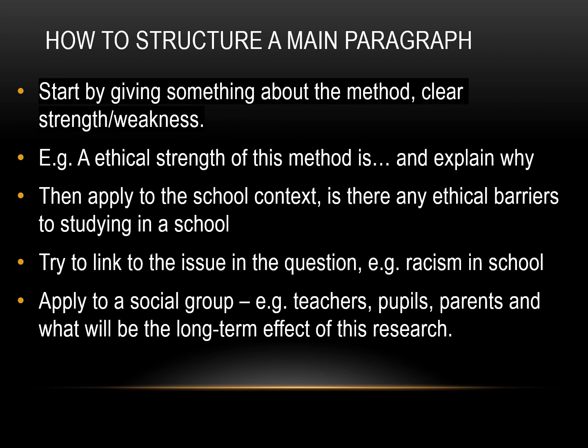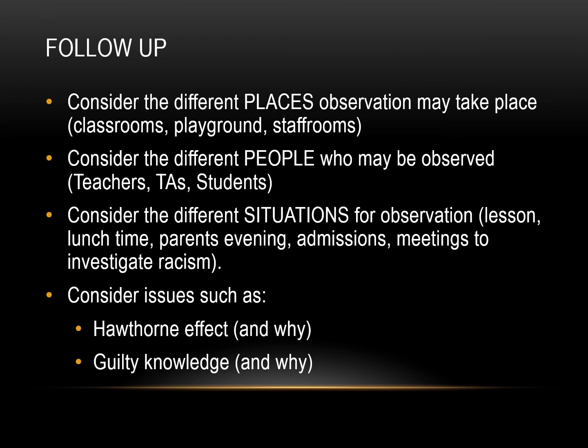So as a bit of a follow-up of this, you can consider the different places that, for example, observation might take place, or where you might be doing a questionnaire, or if you were doing an interview. Consider the different people who might be observed, questioned, and so on. Think about the different situations that you might be observing or doing an interview, or doing a group observation or a field experiment.